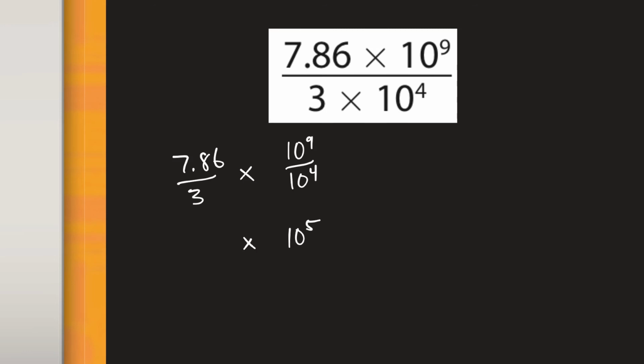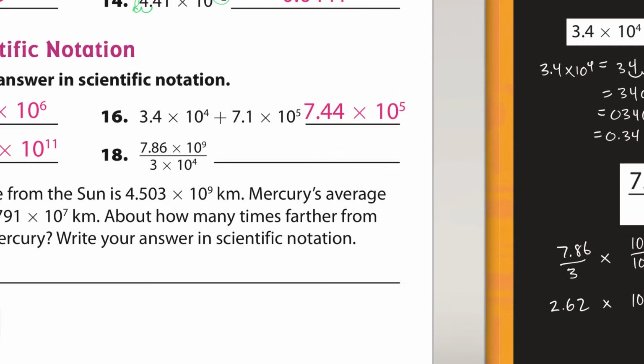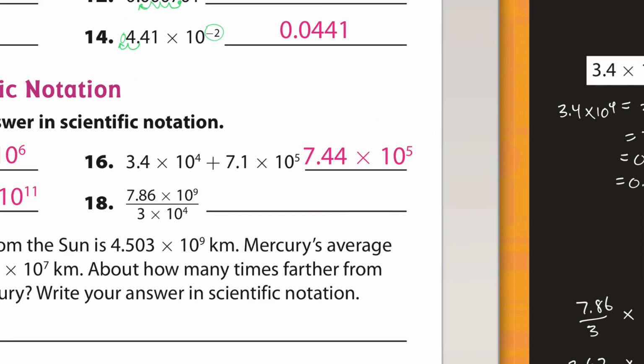And 7.86 divided by 3 is 2.62. So 2.62 times 10 to the 5th, that's in scientific notation because that is a number between 1 and 10, and that should be the answer right there. So I'll bring this away here and do that times 10 to the 5th. Okay.